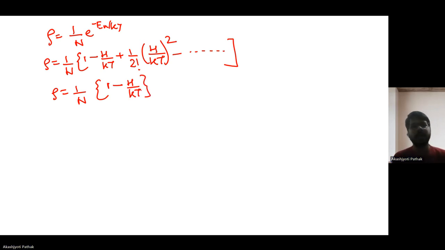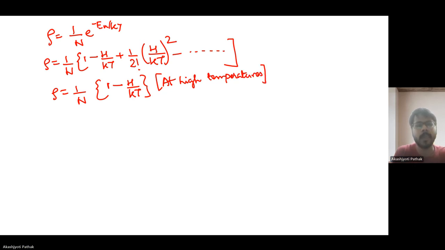Okay, till this everything is okay, right? So 1 by N e to the power minus En by kT, we expand in a power series, and at high temperatures we can ignore the higher order terms, and we get this expression.